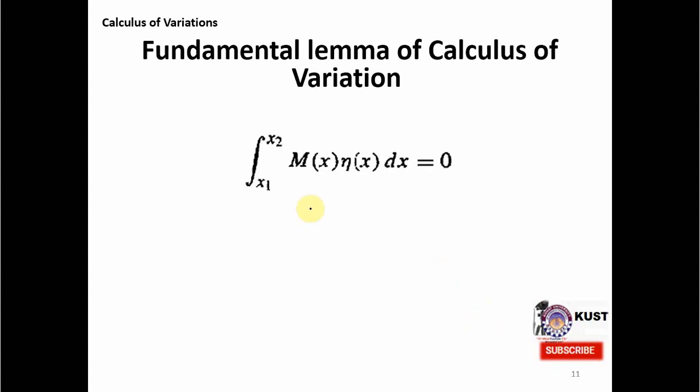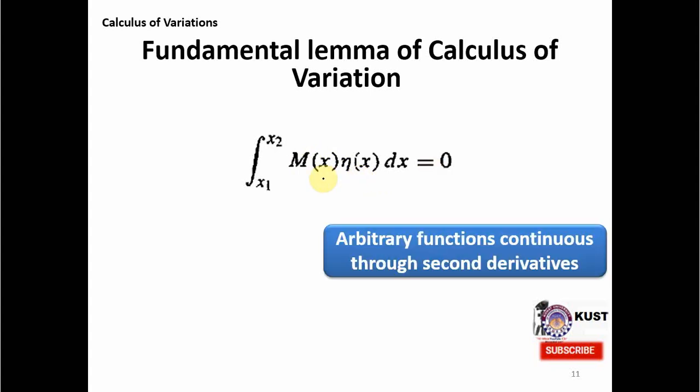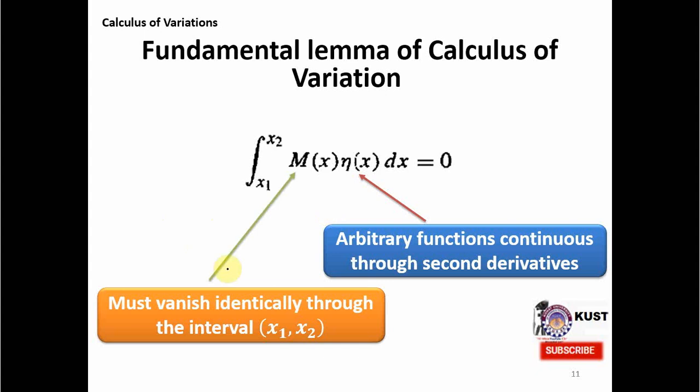Lemma generally means that if we have the integral of m of x and eta of x, dx equal to 0, then, and these etas are actually arbitrary functions and continuous through second derivatives, so if you take the second derivative of them they are still continuous, then this m must vanish.